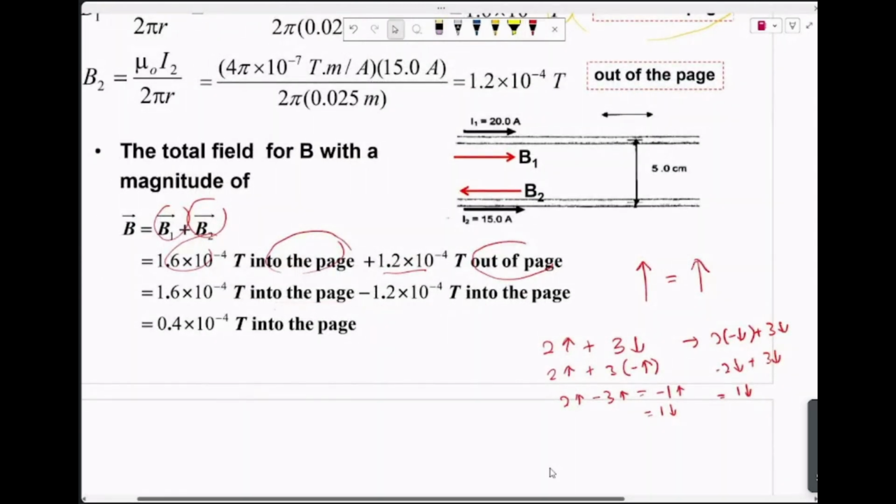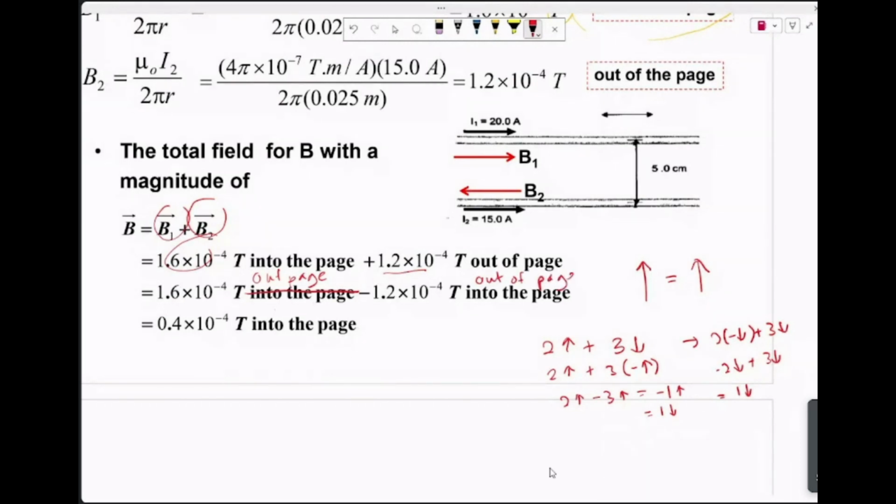Okay, so if you change this one instead of into the page, the out of the page into the page, I can also change this one, not this one, just leave it at that. So this one is out of the page, and this one also remains out of the page.